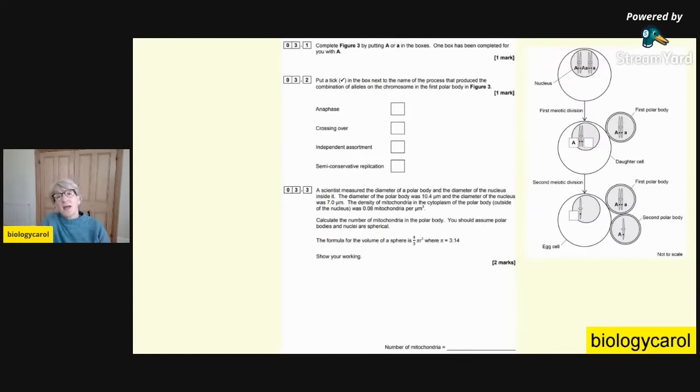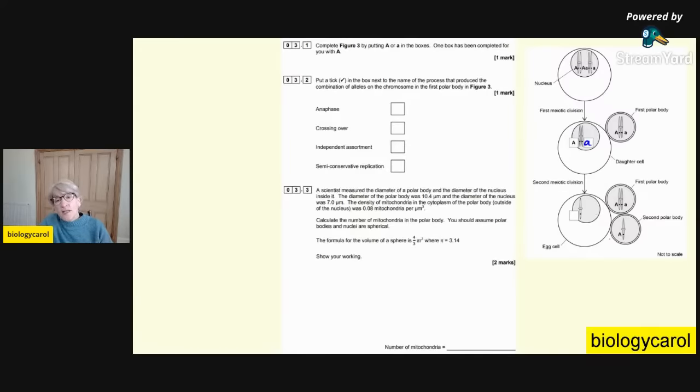There has been an exchange of alleles, or exchange of part of non-sister chromatids, during that first meiotic division. And therefore, this is little a, because each chromosome has now ended up with one big A, one little a allele.